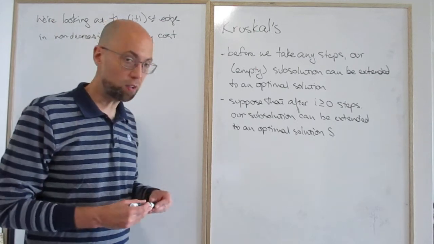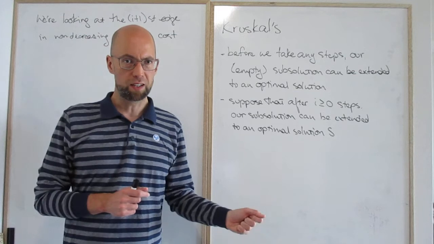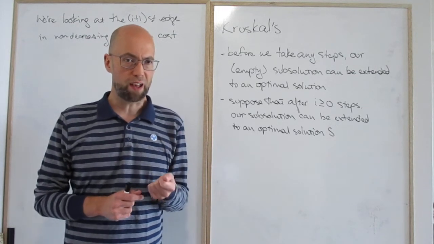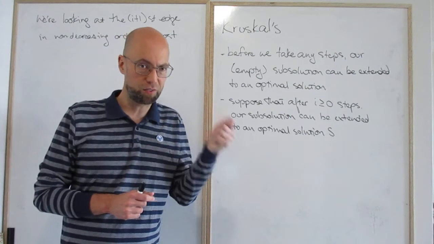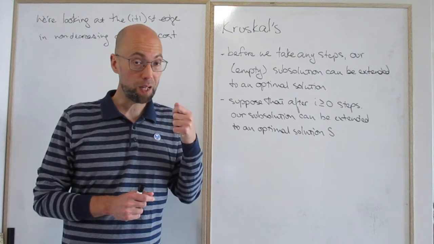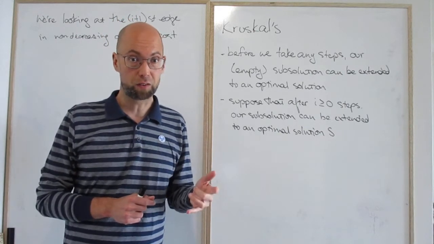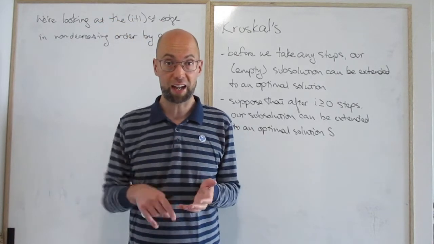So if we look at this edge and we throw it away, we would only do that if we can't add it to our subsolution without breaking the subsolution, without creating a cycle. Because if it creates a cycle, we throw it away. If it doesn't, we add it.